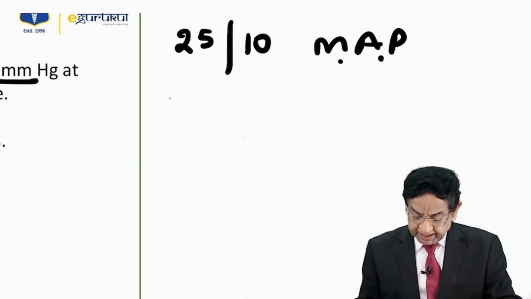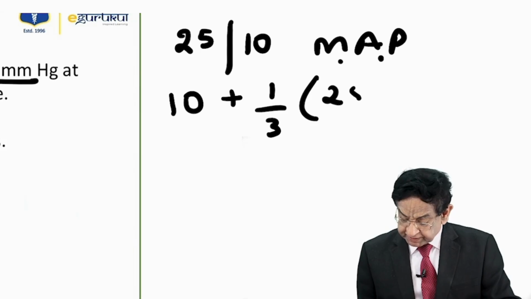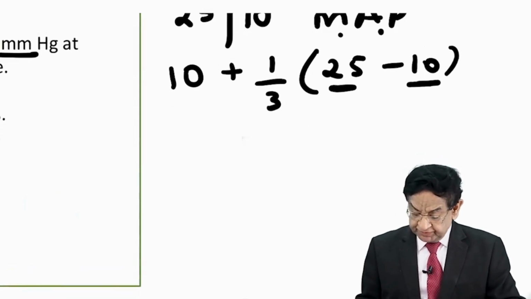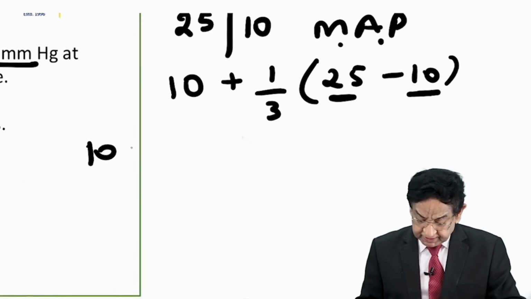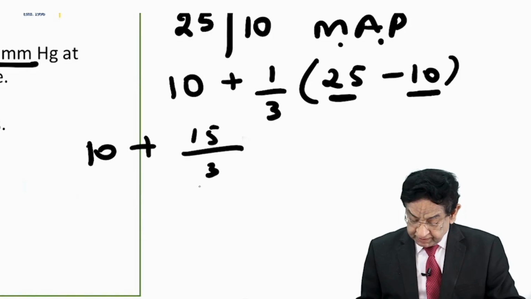How do we calculate it? 10 is the diastolic pressure plus 1/3 of pulse pressure. Pulse pressure is systole minus diastole, 1/3. So if we calculate 10 plus 1/3 of 15, this comes out to 10 plus 5, 15.